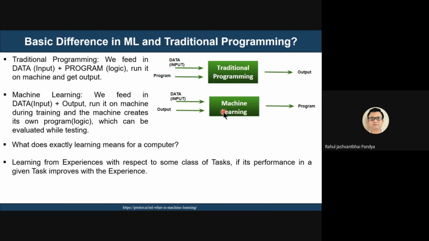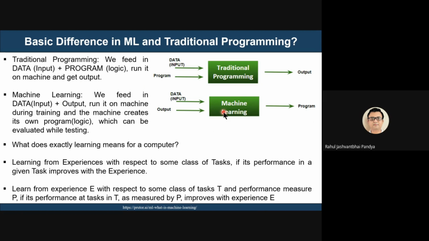If its performance in a given task improves with experience, such as, if I'm doing a particular task and if I get a reward as an outcome, I store it as an experience and I'll continue doing in that particular direction. On the contrary, if I'm doing a particular task and if I get a penalty, or if I do not get any reward, I will stop going in that particular direction and try to tune in another direction and try to accomplish a higher reward in the next one.